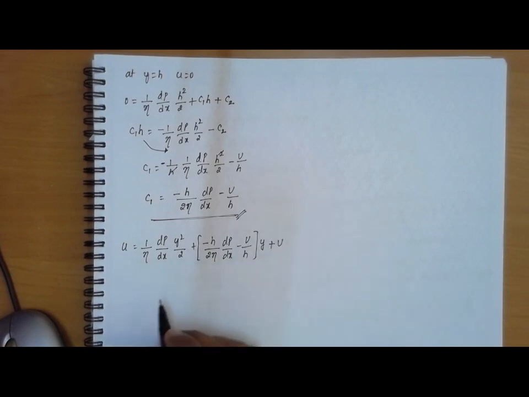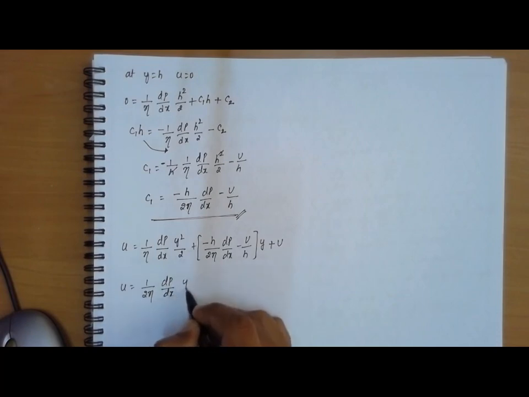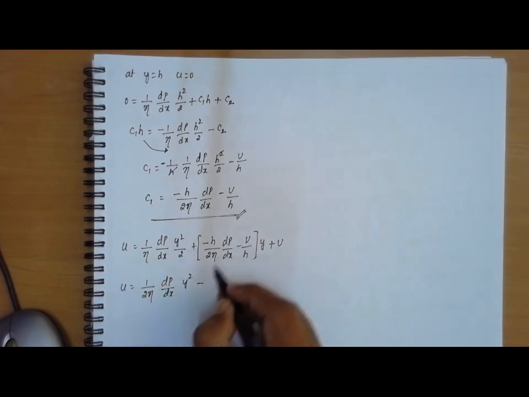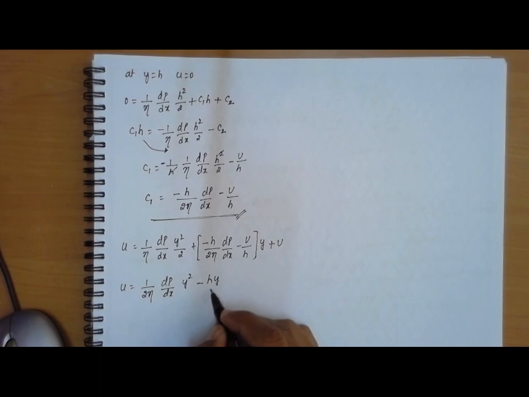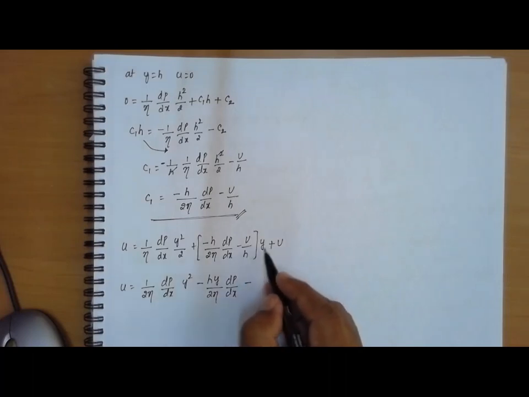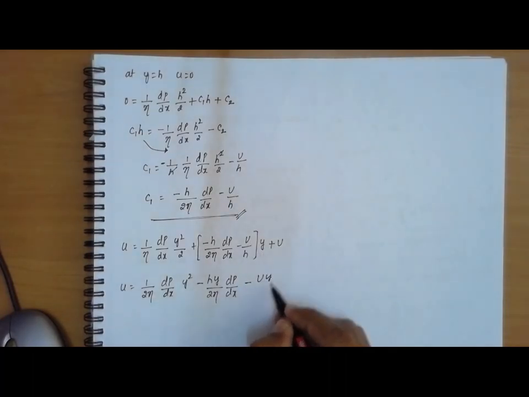So let us write u as it is. So u is equal to 1 over 2 eta dp by dx into y square, minus h into y divided by 2 eta into dp by dx, minus u into y divided by h, plus u.